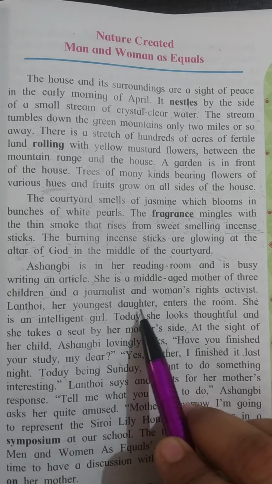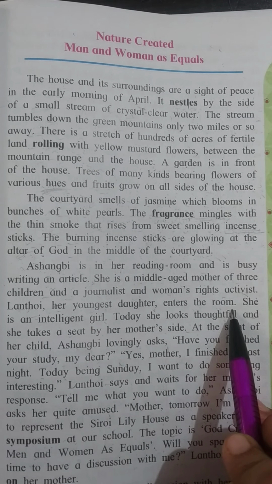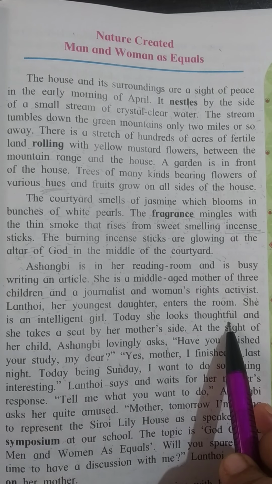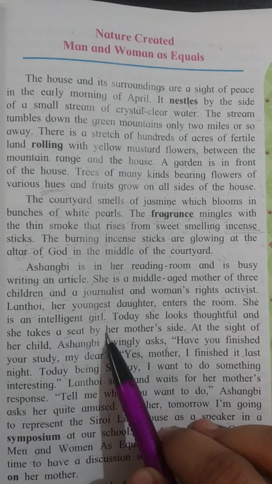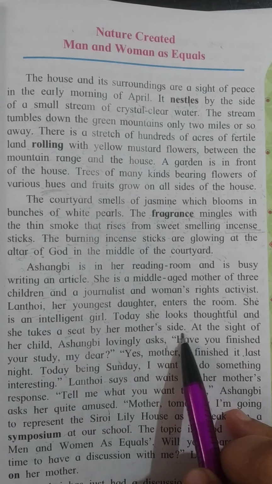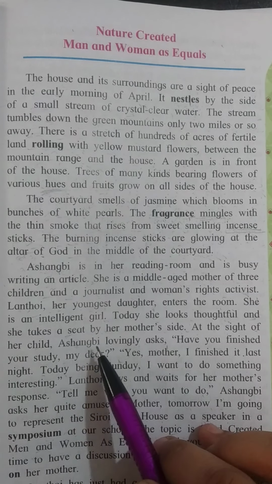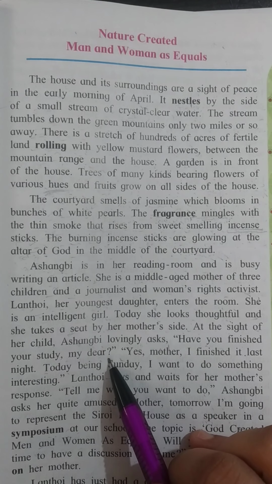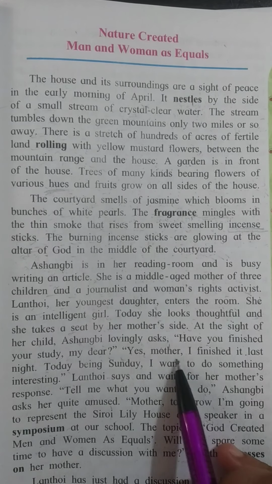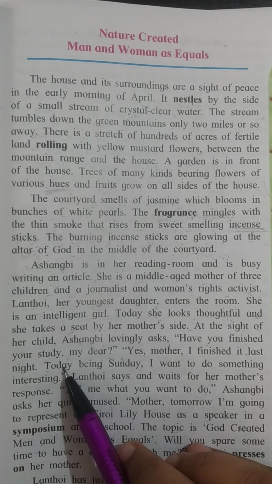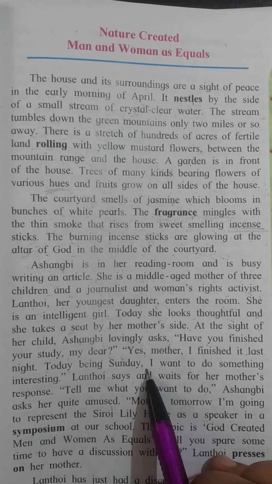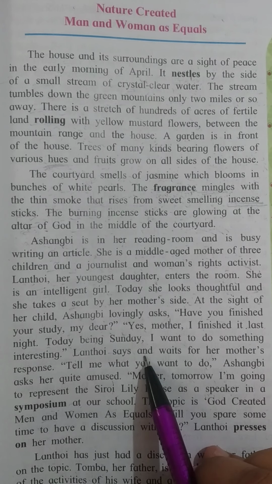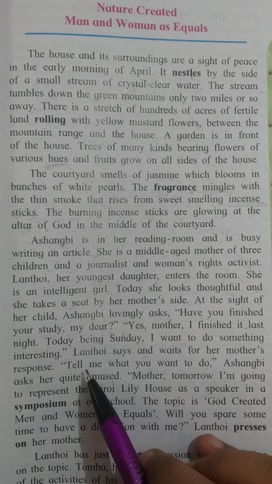Lanthoi, her youngest daughter, enters the room. She is an intelligent girl. Today she looks thoughtful and she takes a seat by her mother's side. At the sight of her child, Ashangbi lovingly asks, "Have you finished your study, my dear?" "Yes, mother. I finished it last night. Today, being Sunday, I want to do something interesting," Lanthoi says and waits for her mother's response.